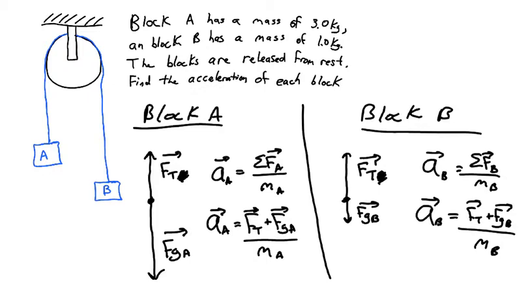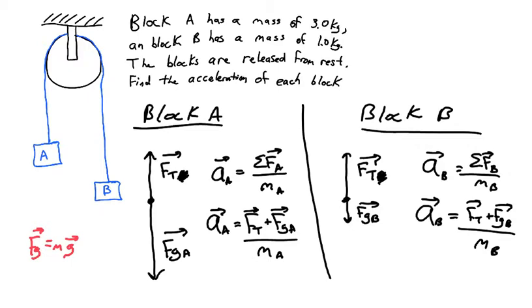Gravitational forces, I don't know the values for those just yet, but I do have this expression, force of gravity equals mass times acceleration due to gravity. And acceleration due to gravity we'll assume is 9.8 meters per second squared downward if we're on Earth. So we could plug in the mass and the 9.8 value there to get the force of gravity for each object. So we'll have 3 times the force on block A that we do on block B.